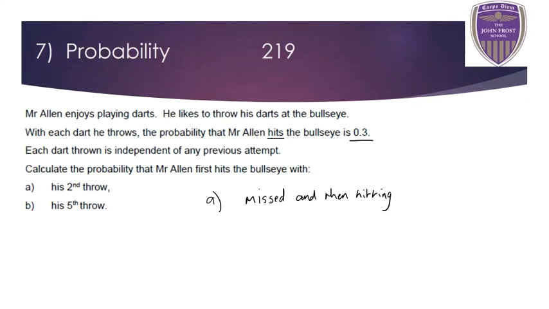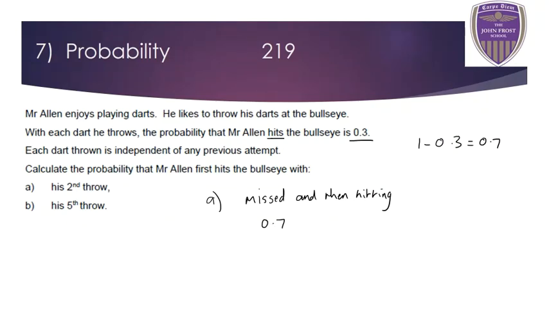Well, how does that help me find the probability he missed the bullseye? Well, I just take 0.3 away from 1. Probabilities add up to 1. They're the only two outcomes, hitting it or missing it, which is 0.7. And in this case, then, I know that on his first go, the probability he missed it is 0.7.